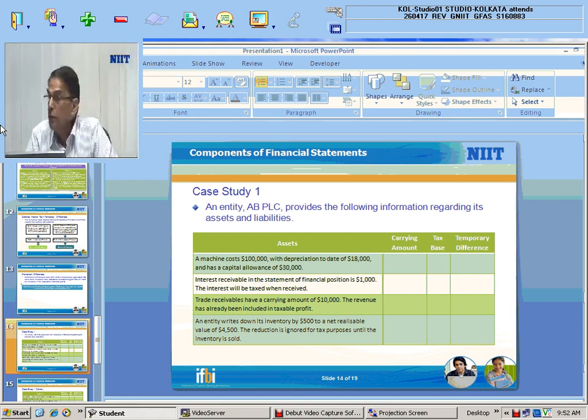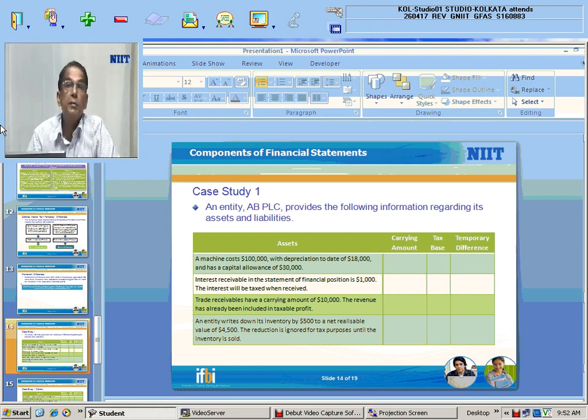So the carrying amount of the inventory in the balance sheet is 4,500, but the tax law will not recognize this reduction of the inventory value till the inventory is actually sold out. So the tax base of the inventory still remains 5,000. Although the carrying amount of the inventory is 4,500, the tax base remains 5,000. So the temporary difference is 500.